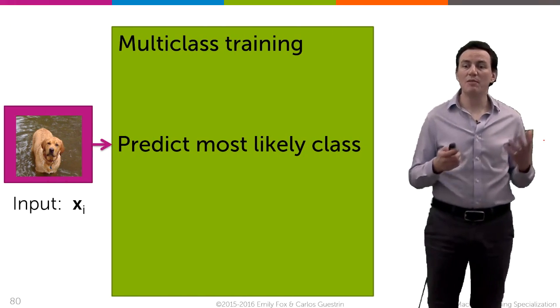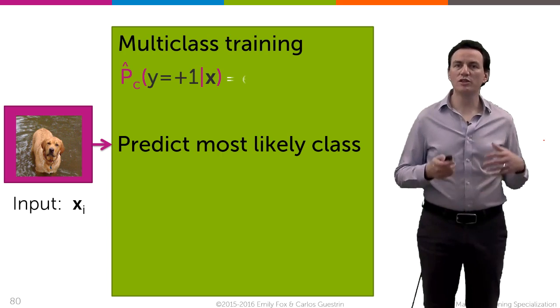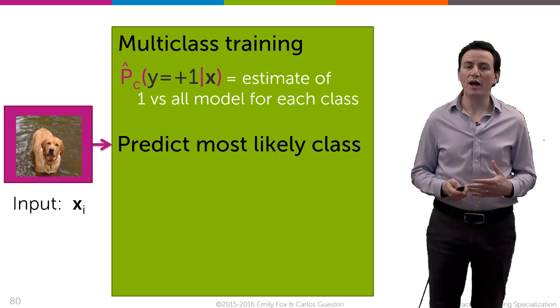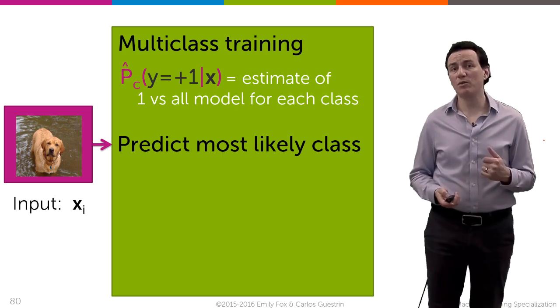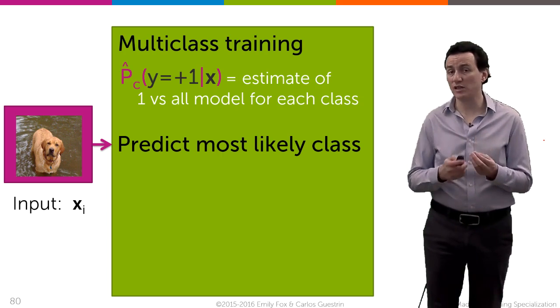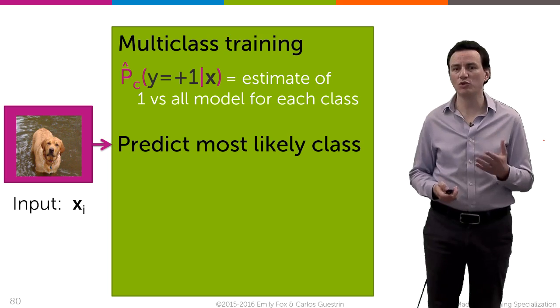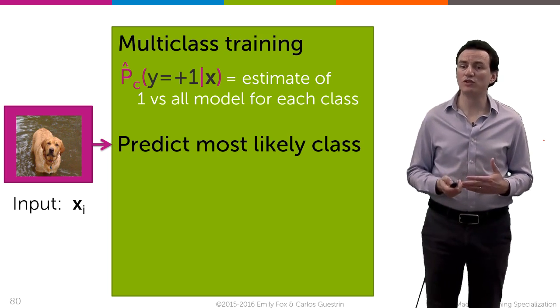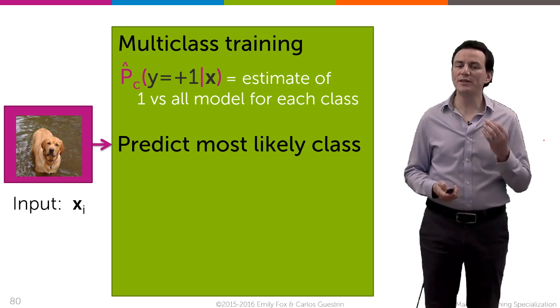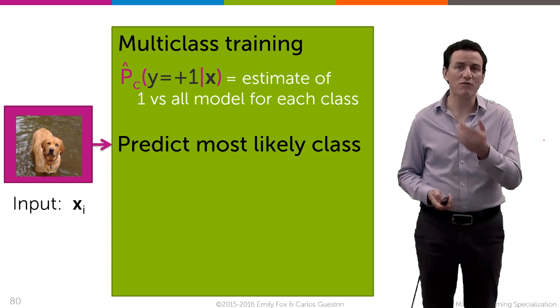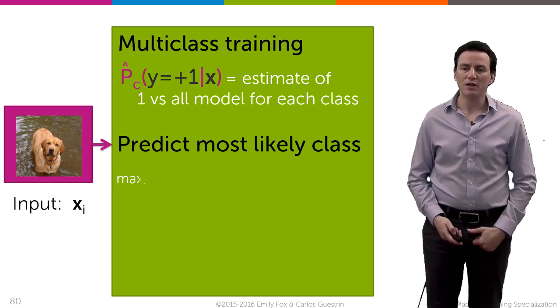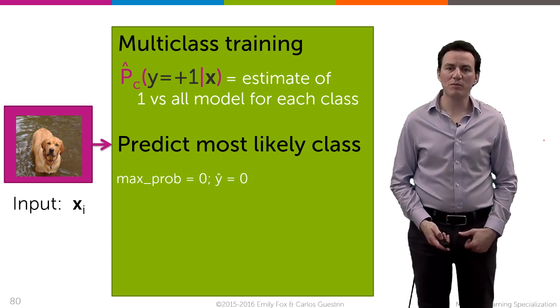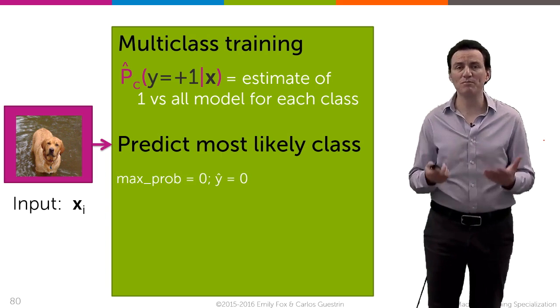More explicitly, in multi-class classification, we're going to train a model to ask for each class what's the probability that it wins against everything else, the probability of y equals 1 given x, and you estimate one of those for each class. And then when we're given a particular input xi, for example, this image of my dog, what we're going to do is compute the probability that every class estimates and output the maximum.